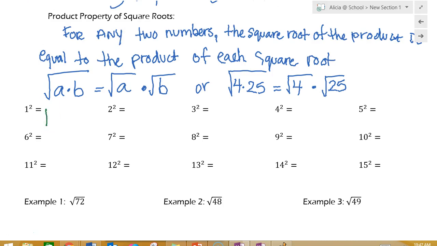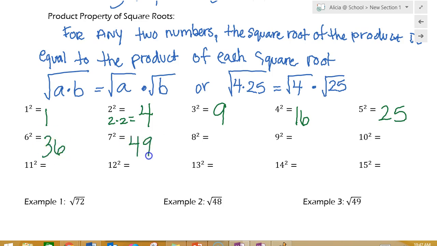Next one, 2 squared means 2 times 2, which is 4. 3 squared is 3 times 3, which is 9. 4 squared, 16. 5 squared, 25. 6 squared, 36. 7 squared, 49. 8 squared, 64. 9 squared is 81.